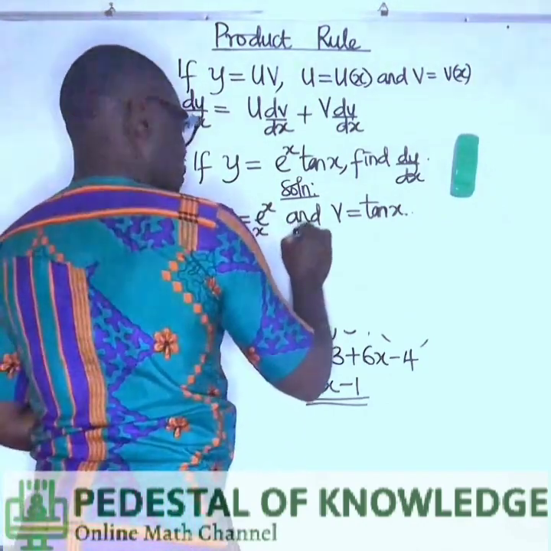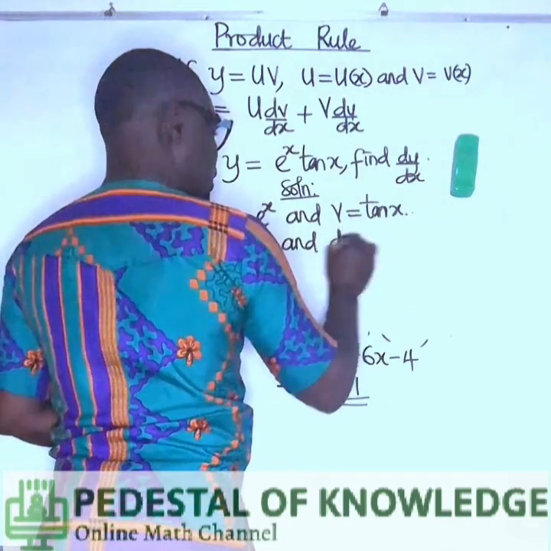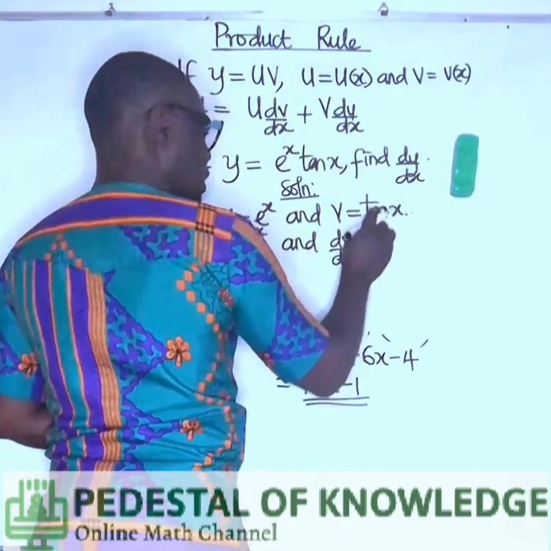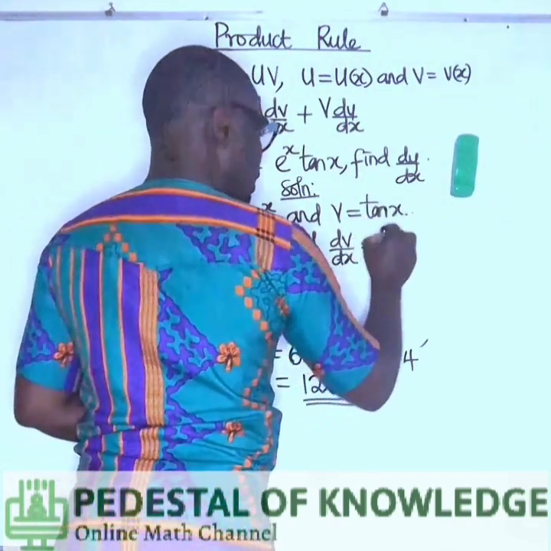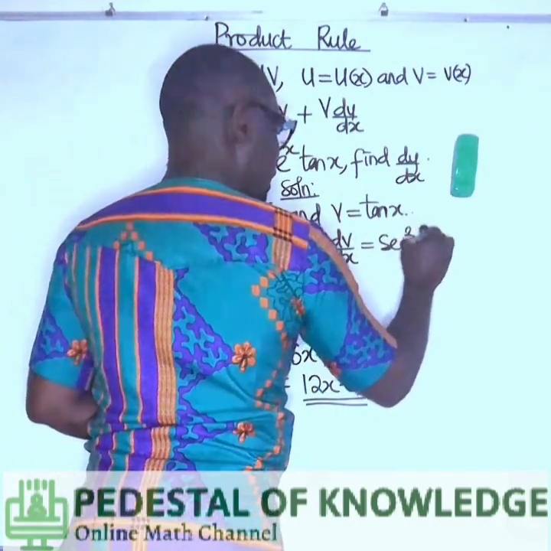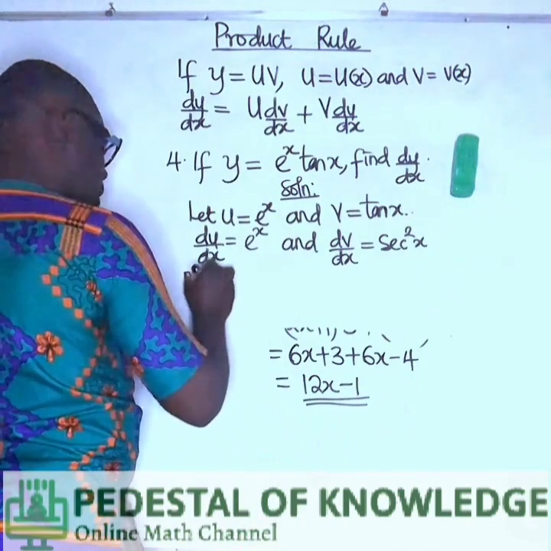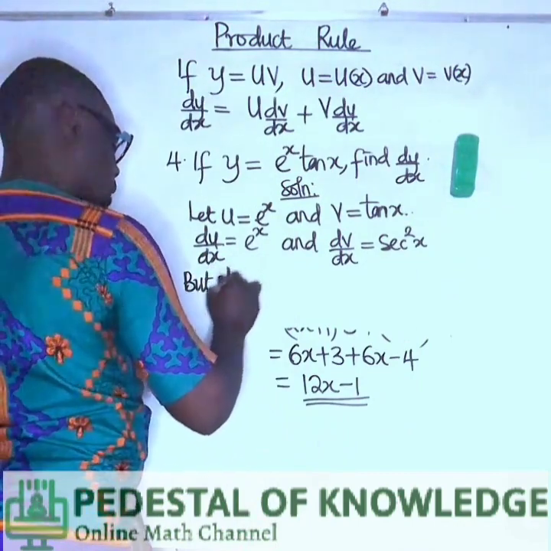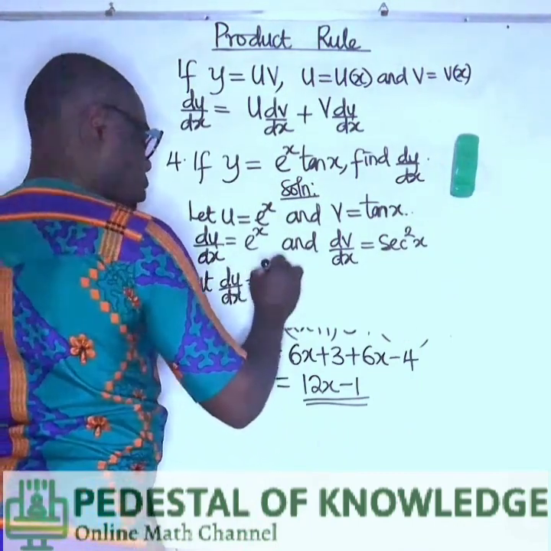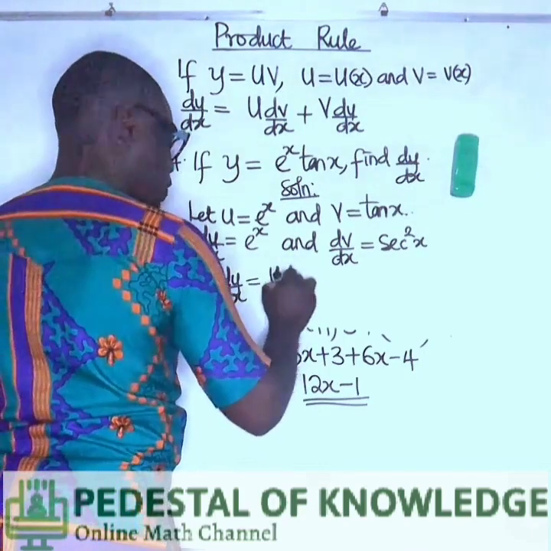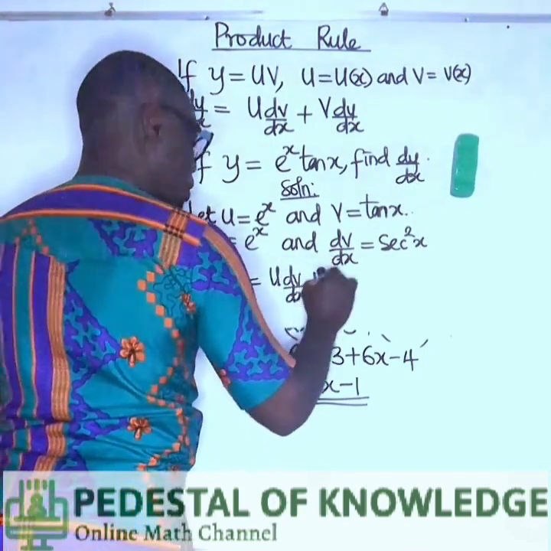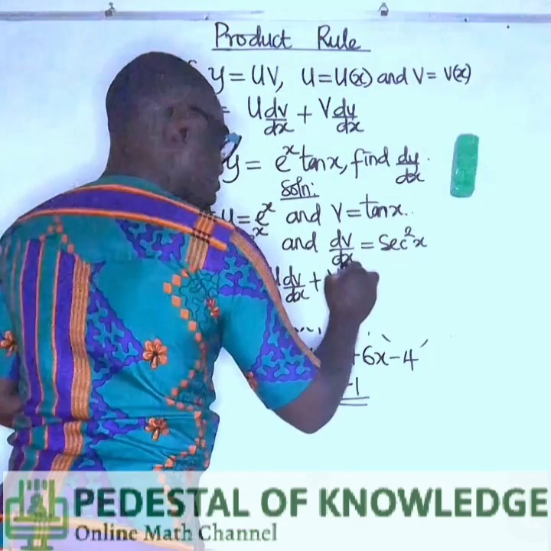And dv dx, when we differentiate tan x, the result is sec squared x. So when we combine, we know that dy dx is equal to u dv dx plus v du dx.